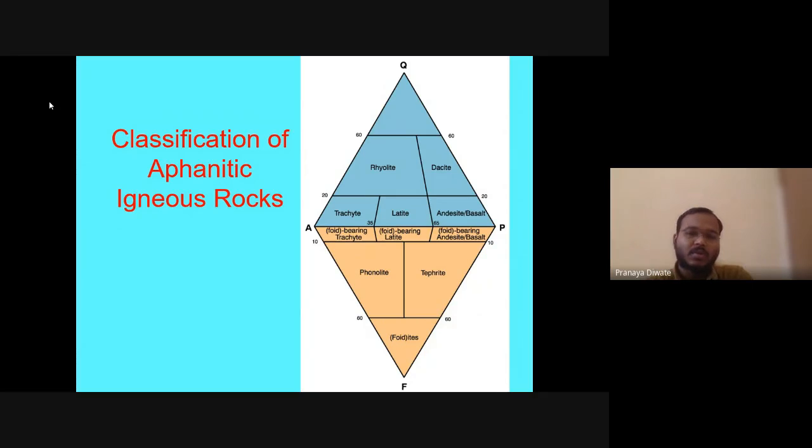These are the different types of rocks which come under aphanitic. Aphanitic is nothing but what you cannot see directly by the naked eye, or we can say that you can see, but the crystal size is very small.